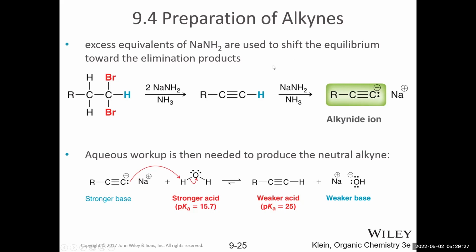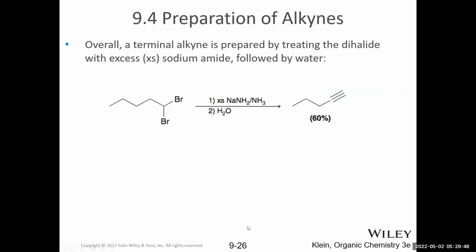So again, that third equivalent is needed to initially deprotonate this to drive it to an alkanide ion, which we could then just reform the neutral protonated alkyne by just adding water at the end of the reaction.